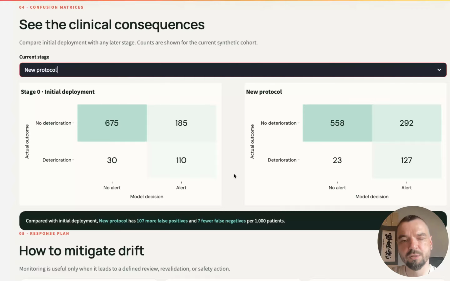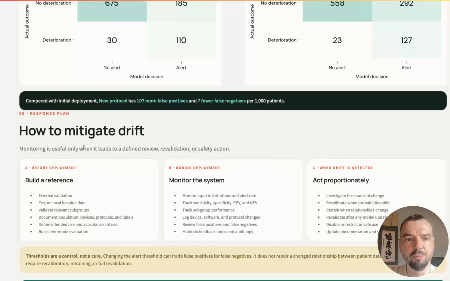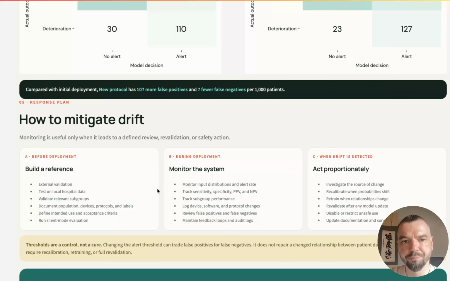That's something that happens sometimes, and we must take it into account, and we must track performance of the model constantly. That's actually the mitigation strategy. We should have some reference, some baseline, of how it works now. We should see what happens. We should track metrics monthly or at least quarterly.